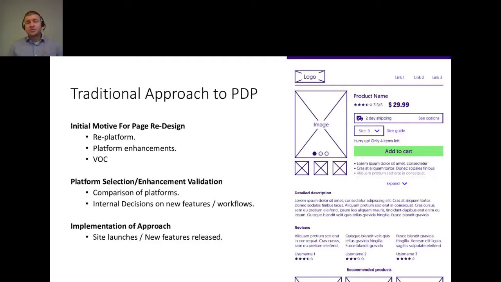What are the new features and workflows internally that are going to make sense for your stakeholders? So comparing the platforms and looking at what makes the most sense, and then implementation of that approach. The site launches, new features are released, and the product detail page, as you see it listed over here on the right hand side, is what was kind of coming out of the box with the platform.